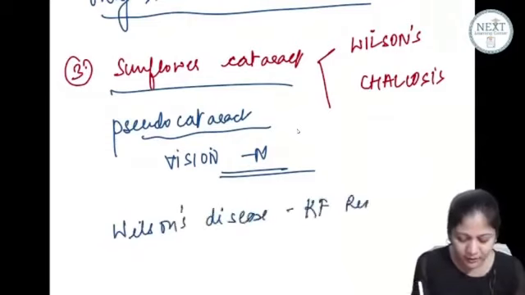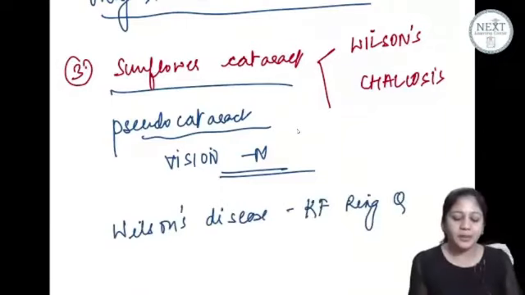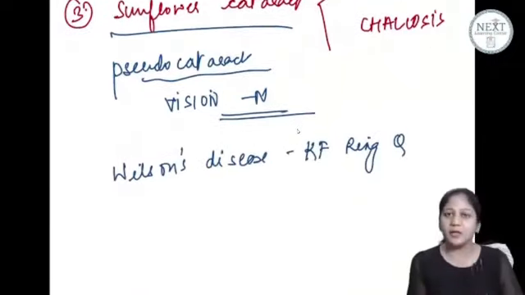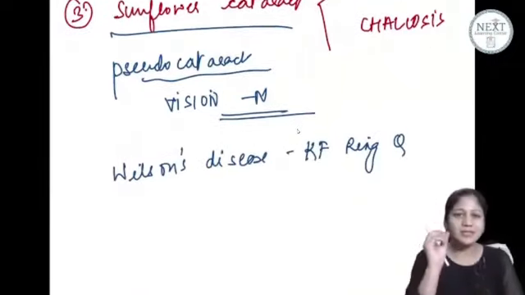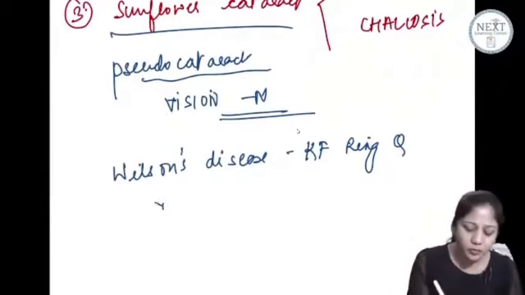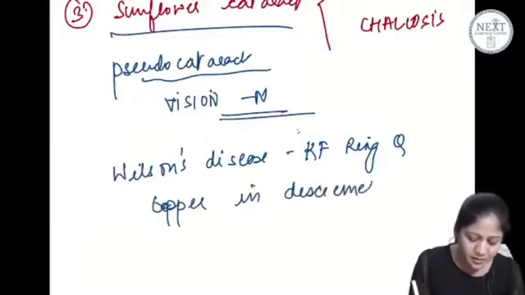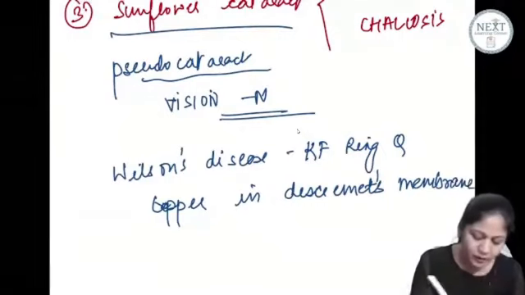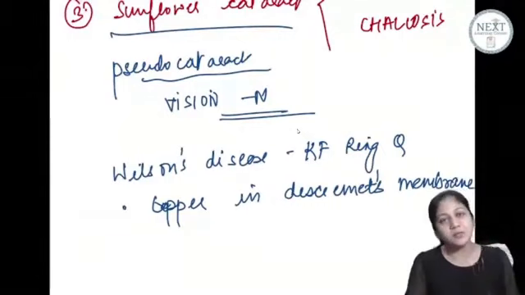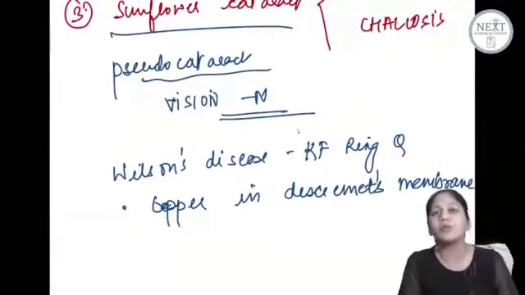There are some things about KF ring you should all know. This is typically a deposition of copper in the Descemet's membrane of the cornea. ठीक है बच्चे? कहाँ होता है ये? There is a layer in the cornea, Descemet's membrane, and there you have copper accumulation.